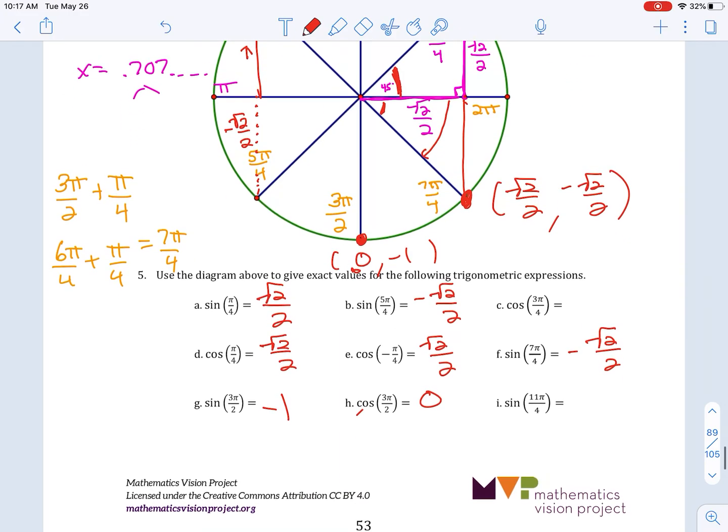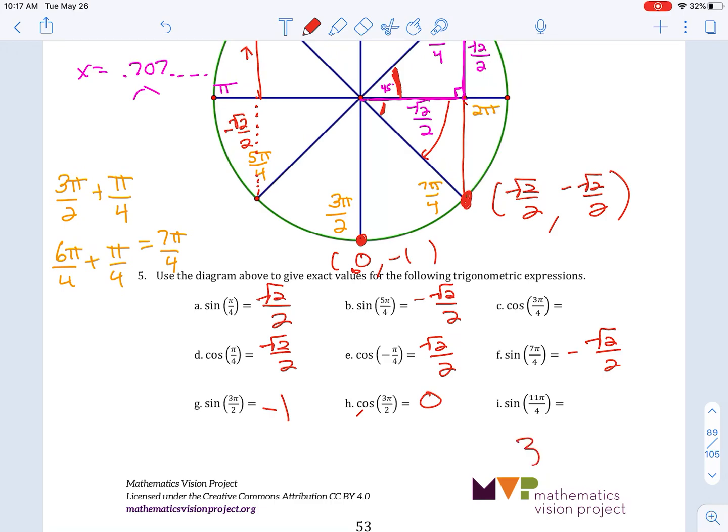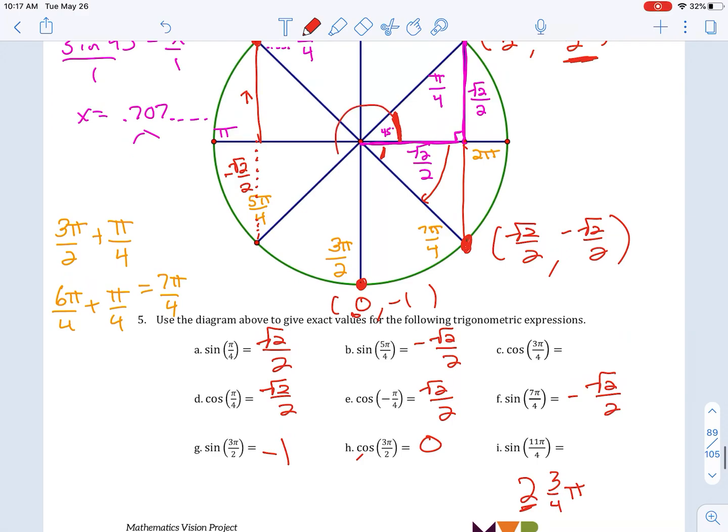And then they give us another curveball here at the end, 11 pi over 4. Remember, make that a mixed number. Okay, what would that be? That would be 2 and 3/4 pi. Remember, the 2 takes us 2 pi all the way around the circle.